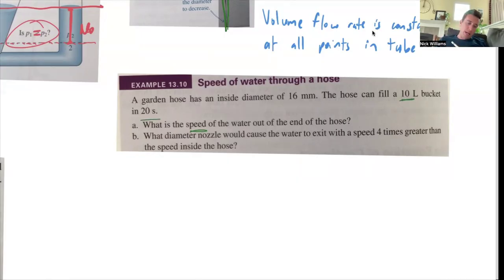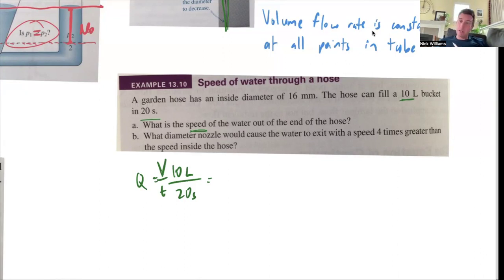So its flow rate, Q, equals 10 liters per 20 seconds. Sorry, this is a volume over time. That's capital V volume. It helps to know that in a liter are 1,000 cubic centimeters.